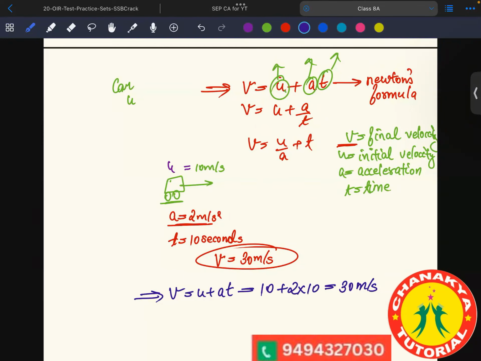If you do experiments in your 11th class, 12th class, or in your graduation, your teacher will give you a formula. Let's say he is giving you the formula T equal to 2 pi root L by g. Don't ask what this formula is, it is just a formula.